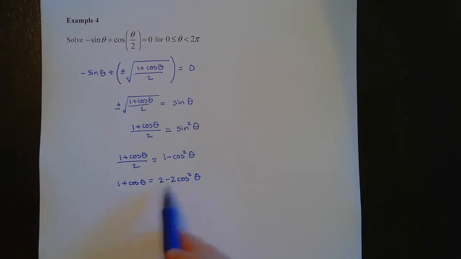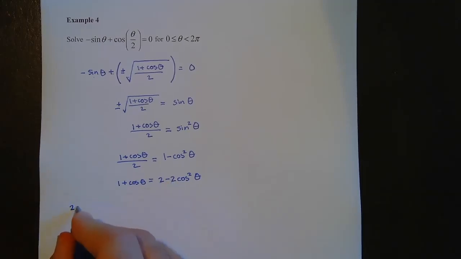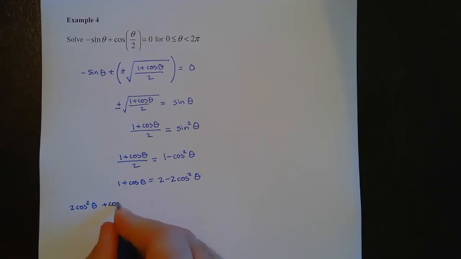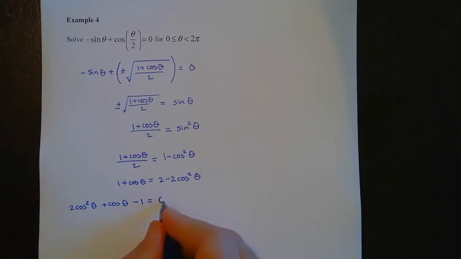I'm going to move everything to the left-hand side this time. So this becomes 2 cosine squared theta. This is the only cosine theta, so plus cosine theta. On the left side I have 1, but on the right side I have 2, so I can subtract 2 from both sides. So I get 1 minus 2, which is negative 1, and that's going to equal 0.